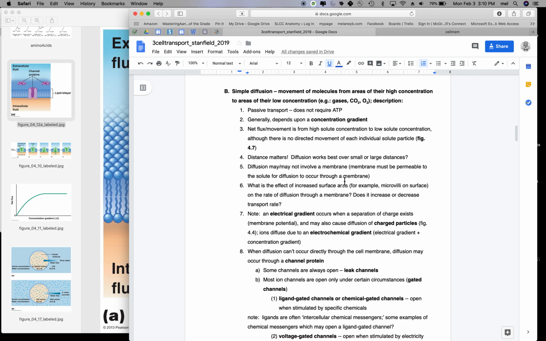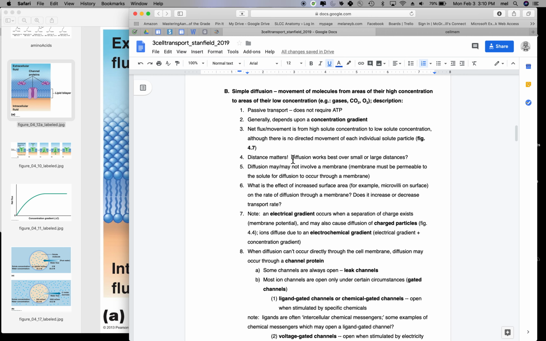And so, simple diffusion really only works well over microscopic distances. Meaning, my lungs take in oxygen and there's a high concentration of oxygen in the tissues around my alveoli, and my little toe needs oxygen, but is diffusion going to be an effective transport mechanism between my lungs and my little toe?